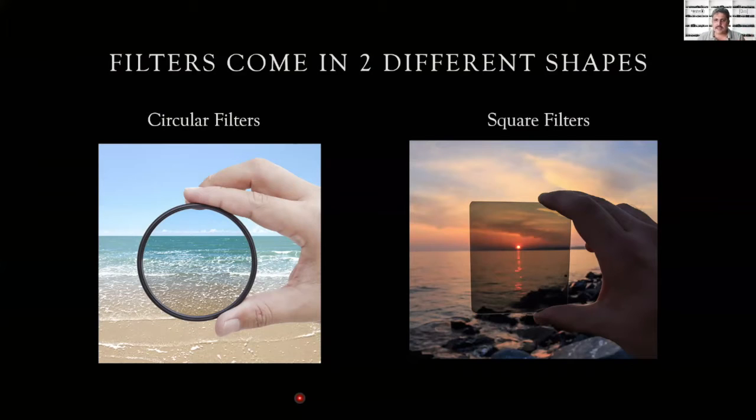The circular filter is the most common one, and most people go for it first. Then they realize it's better to go for square filters, so they sell the circular filters and buy a square one. My idea today is to make sure you don't buy and sell filters again and again and lose quite a lot of money, because most of these filters are expensive, and you might as well go for the best filters straight away in the first attempt.